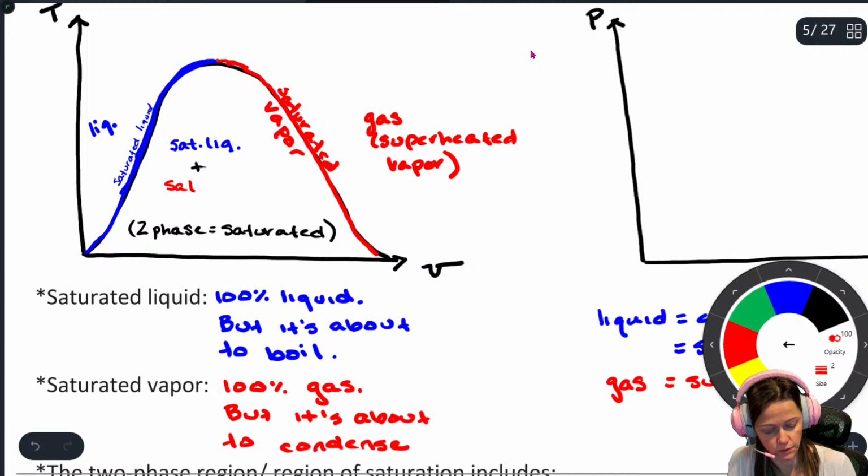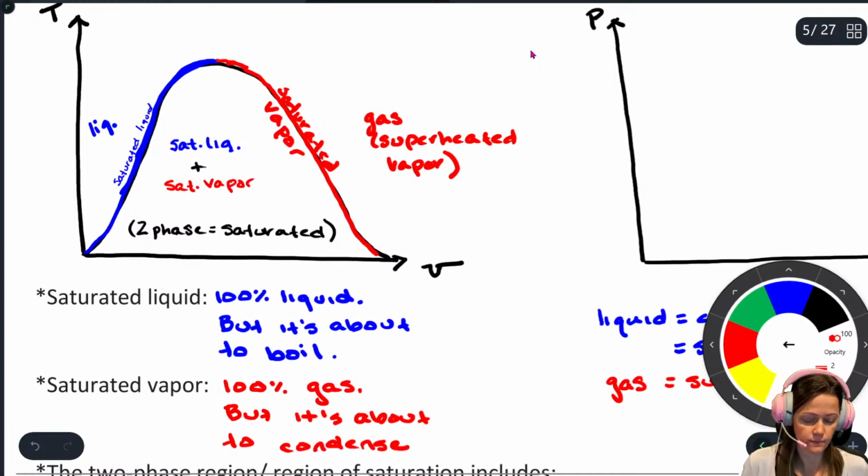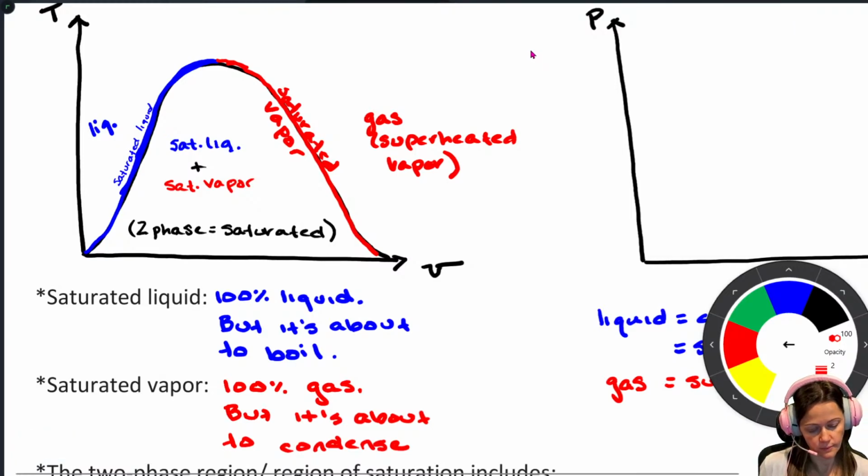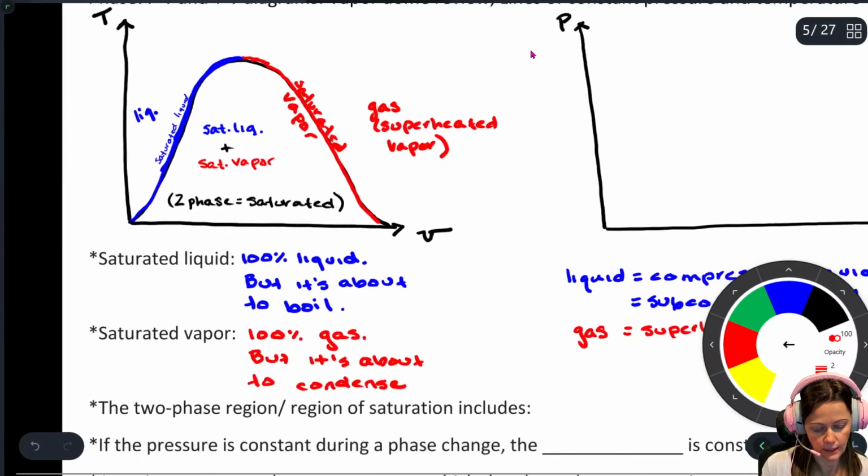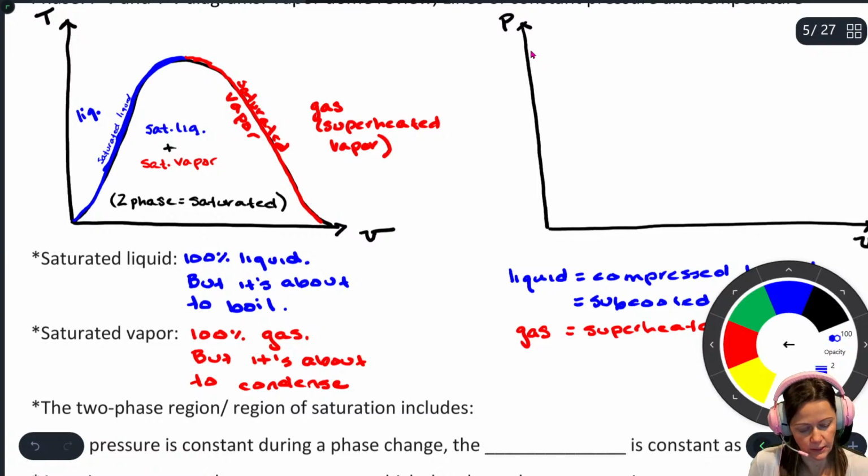It's just a mixture of those two. And so I guess that means I can fill in this other part here. That two-phase region, or the region of saturation, includes saturated liquid and saturated vapor. Perfect.